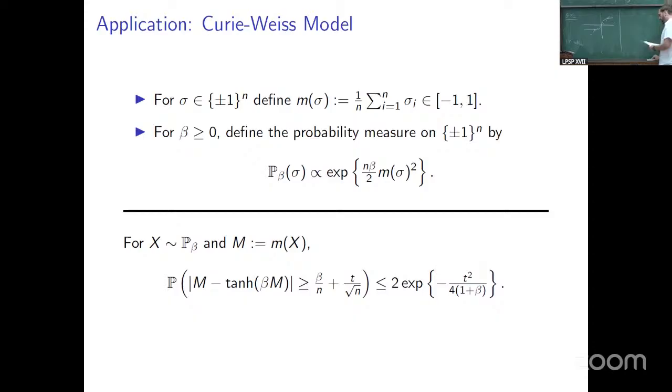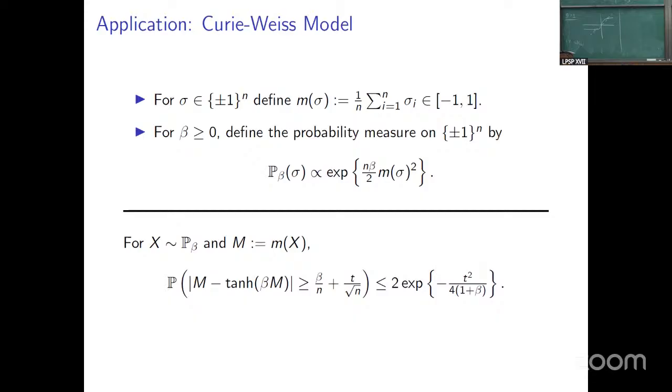So we can just write, what's the probability under beta that this M of X equals some alpha n over n? Sorry, it should be some alpha, something of order n over n. Well, that's just proportional to what?